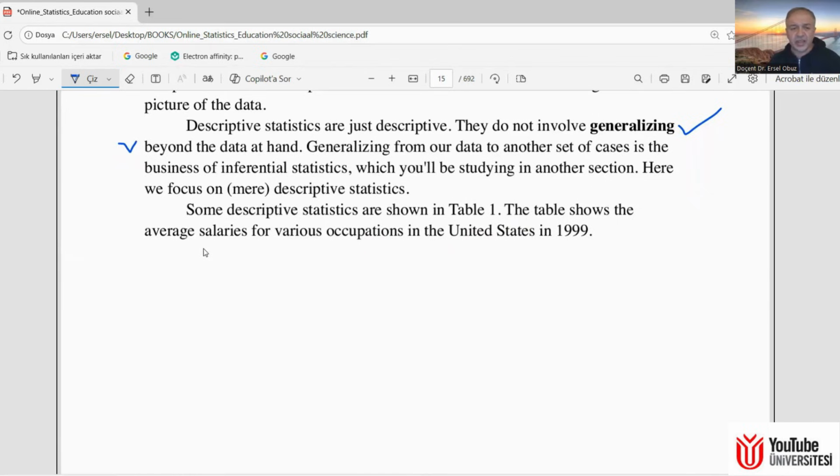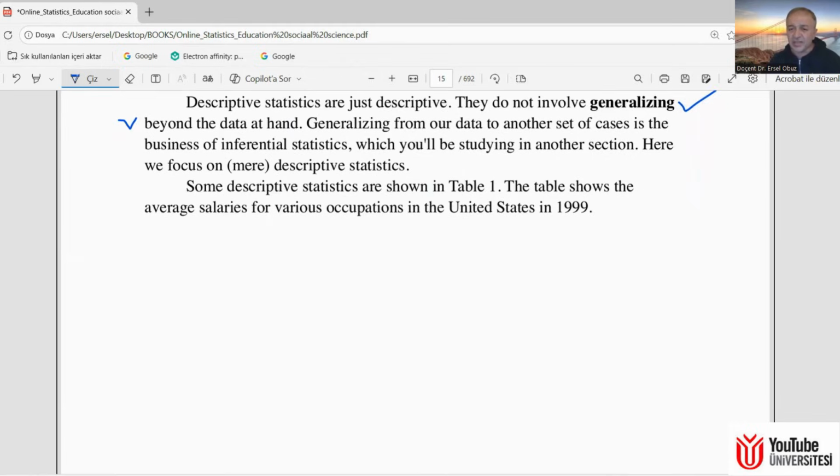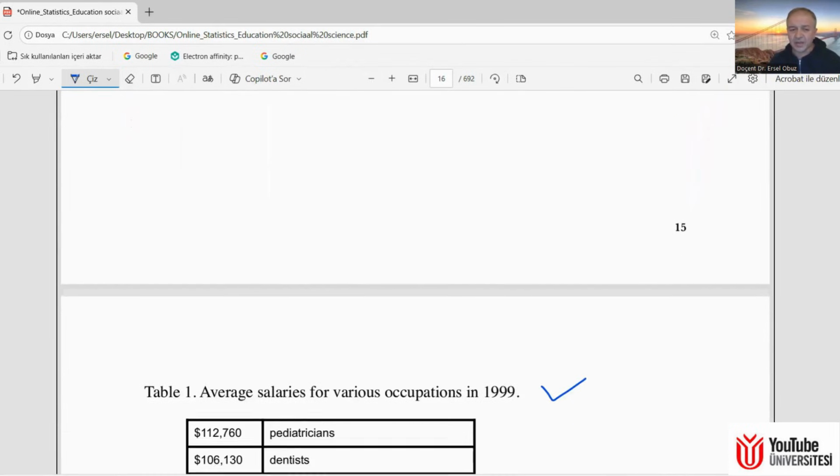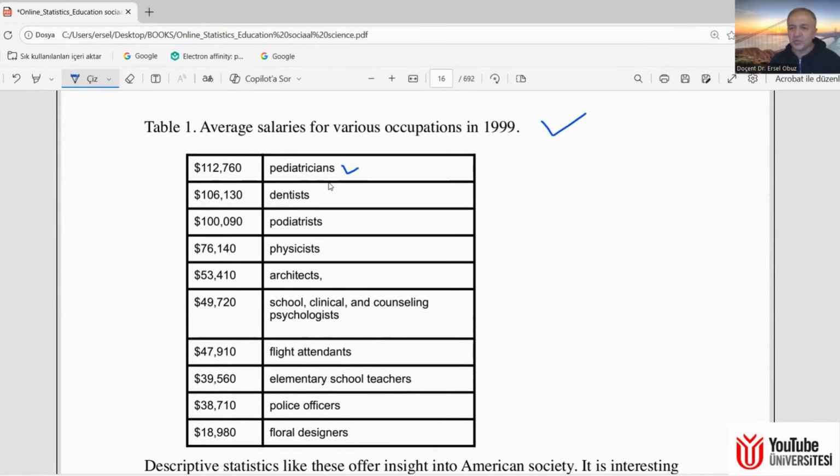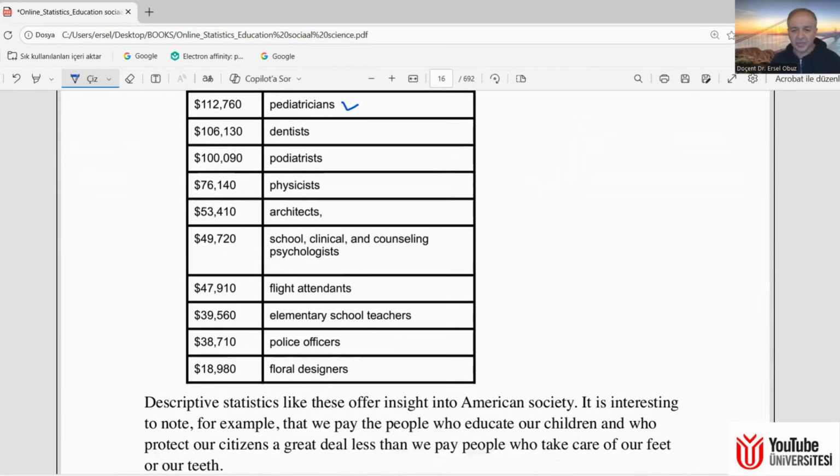That table shows the average salaries for various occupations in the United States in 1999. You see the doctors, they are the ones who made the largest sum of money, right? And then at the very bottom, floor designers made the smallest amount.